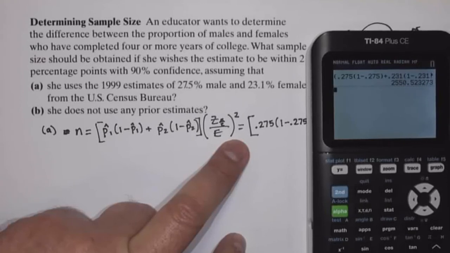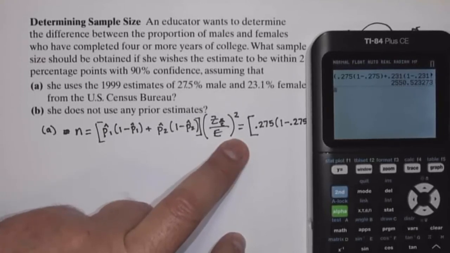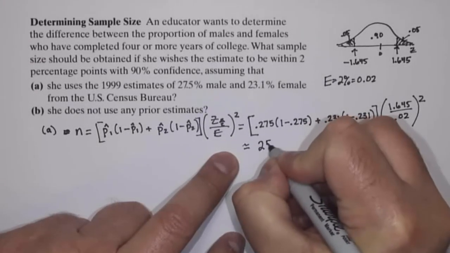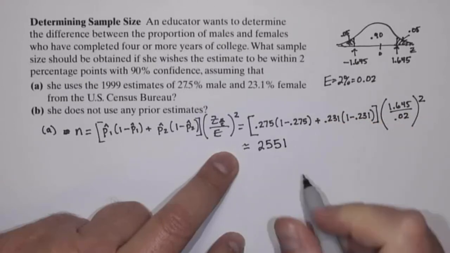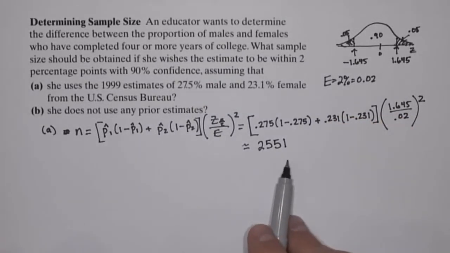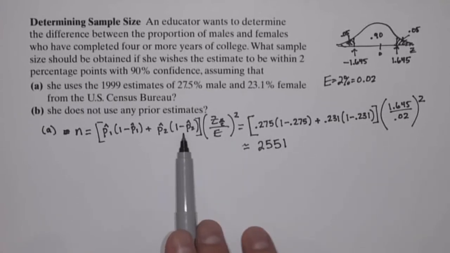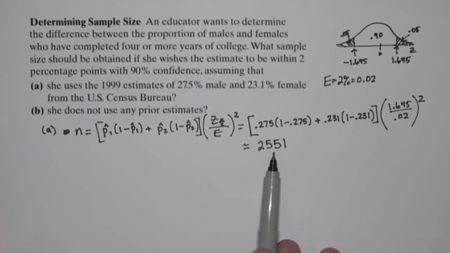So that gives us 2,550.523273. And so if we increase that to the next integer, that is going to be 2,551. So we need a sample size of 2,551, meaning that we would need 2,551 males in our study, and we would need another 2,551 females in the study.